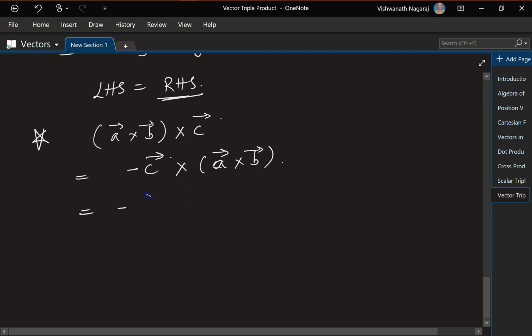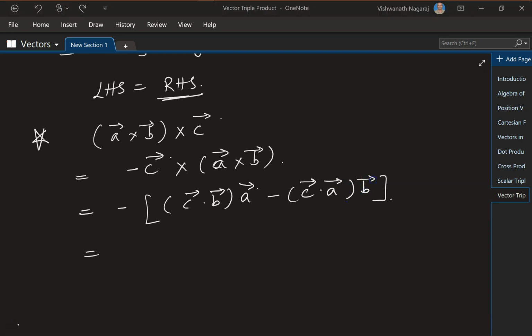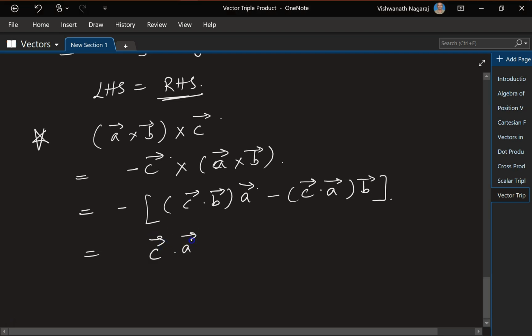So minus C dot B times A minus C dot A times B. Now just to remove this minus, we again reverse the order: C dot A times B minus C dot B times A.